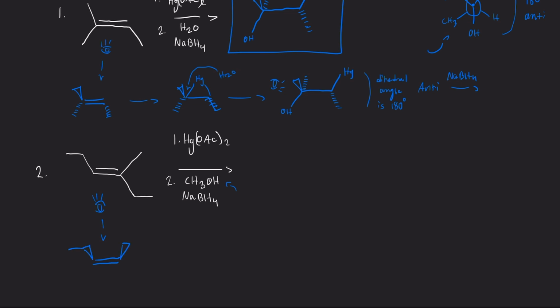I have my ethyl going there on a wedge, both of them on a wedge, sorry. And then our dashed ethyl here. So that's our molecule there if we add the stereochemistry. And then our first step, like I said before, is Hg(OAc)2. All right, so first step, we're going to form the three-membered ring.